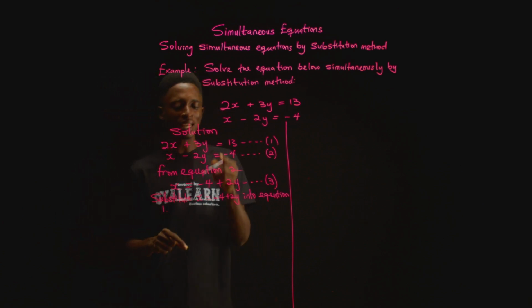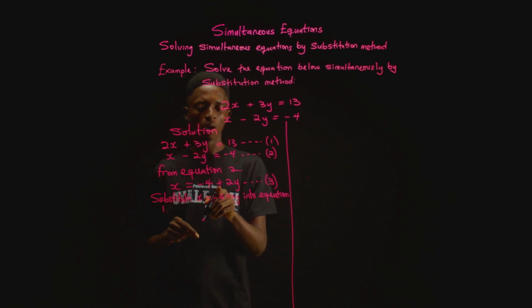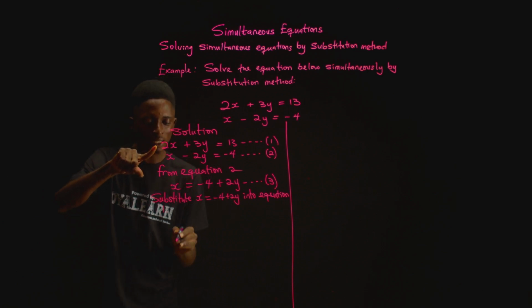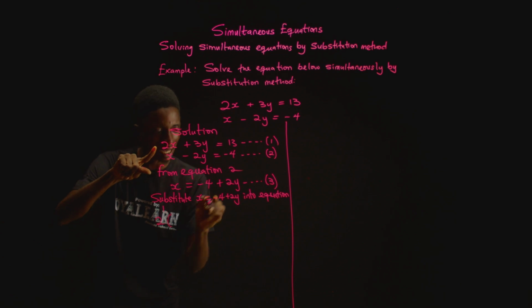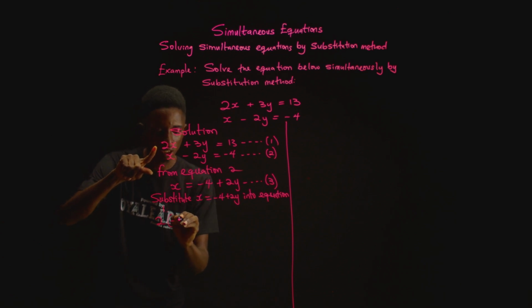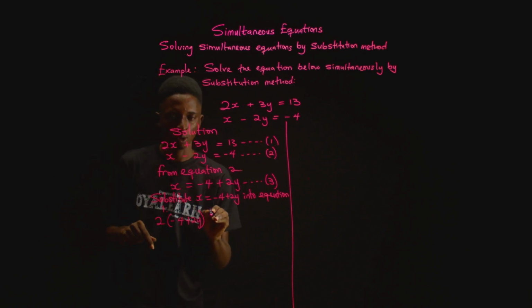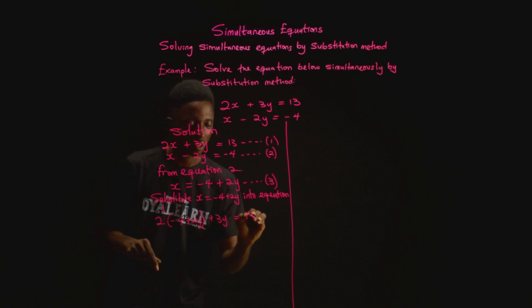So when we see x in equation 1, we will replace it with minus 4 plus 2y. So let's write equation 1. Now equation 1 says 2x. So instead of x, I will then write minus 4 plus 2y. And then continue with the rest of the equation. So I would have plus 3y equals 13.